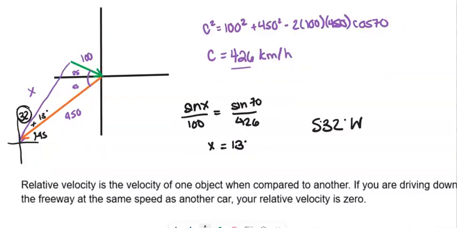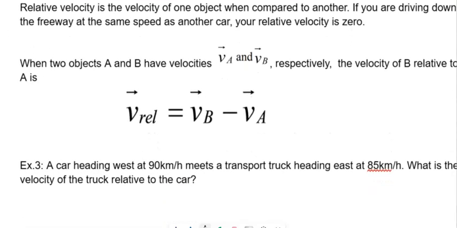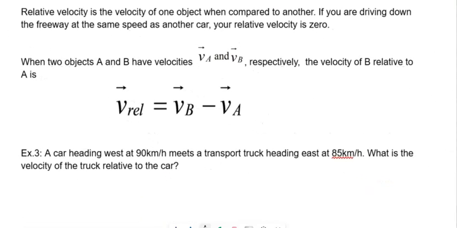Okay, one more small idea here. This one's relatively simple compared to that last question: this idea of relative velocity. Relative velocity is the velocity of one object when you compare it to another. So if you're driving down the freeway at the same speed as another car, your relative velocity is 0. Two objects A and B have velocities, velocity A and velocity B, respectively.